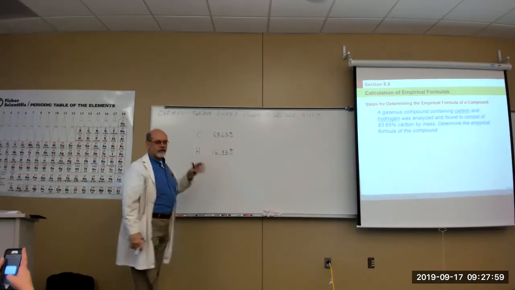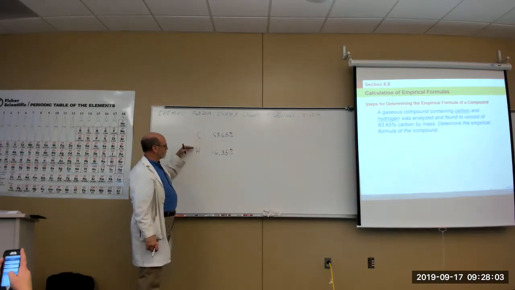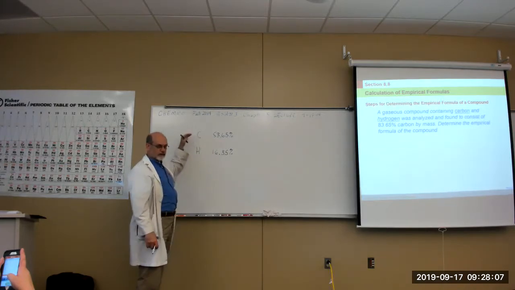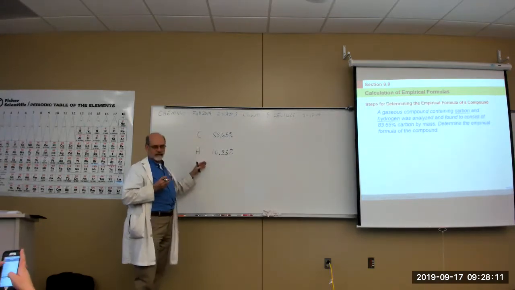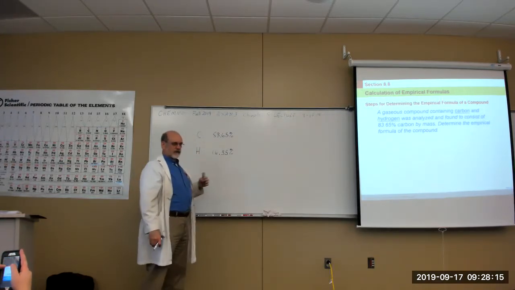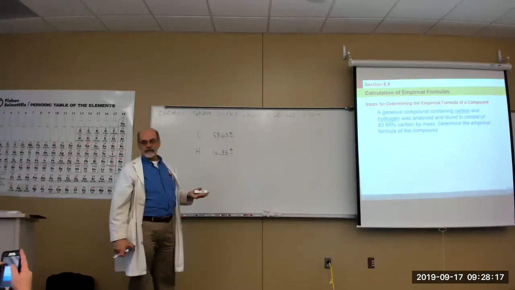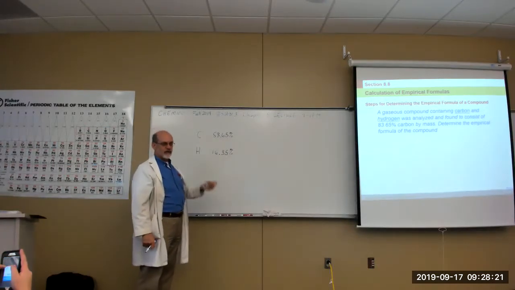Now, we want to convert that to numbers of atoms, excuse me, in the molecule. How much carbon is in there, how much hydrogen, in numbers, not mass. This is mass. Percentage is, for all intents and purposes, a dimensionless number because it's parts per 100.